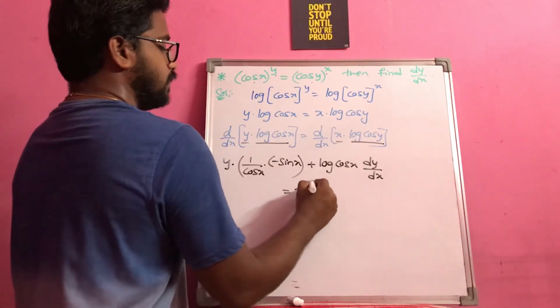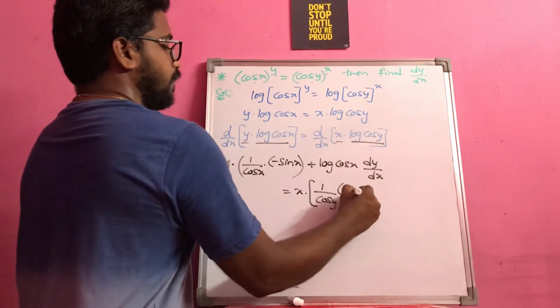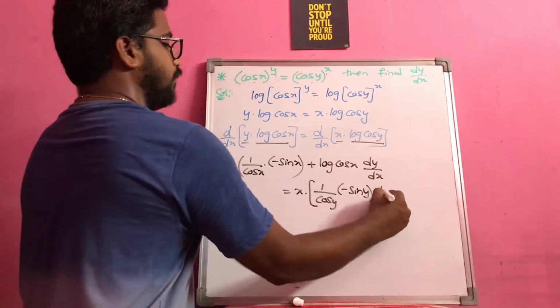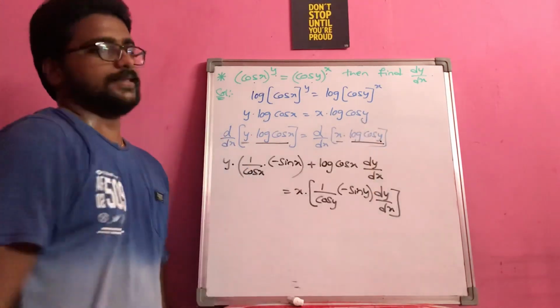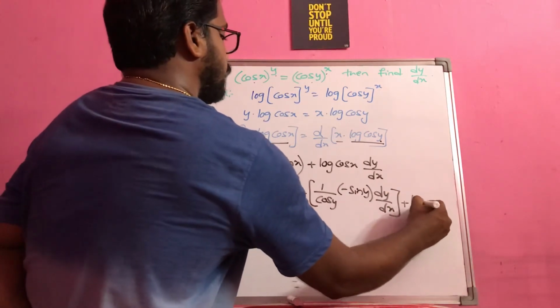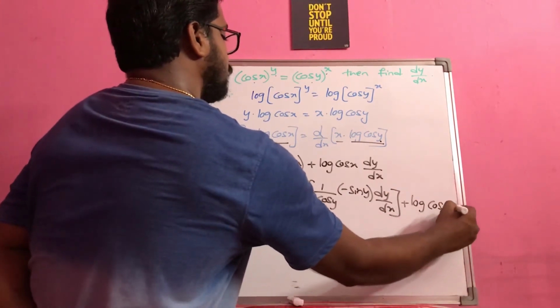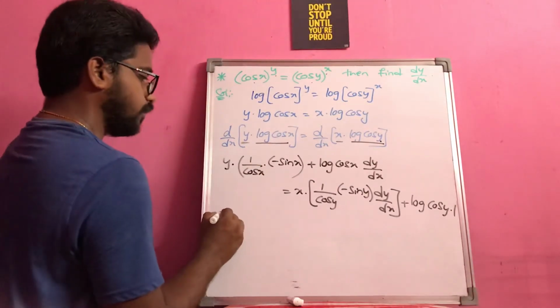Come to the next part. x I will keep as it is. cos y differentiation is 1 by cos y into minus sin y into dy by dx. Why? Because this is not x, it is other than x. And then by keeping log cos y as it is, x differentiation will become 1, right? So let us simplify it further.